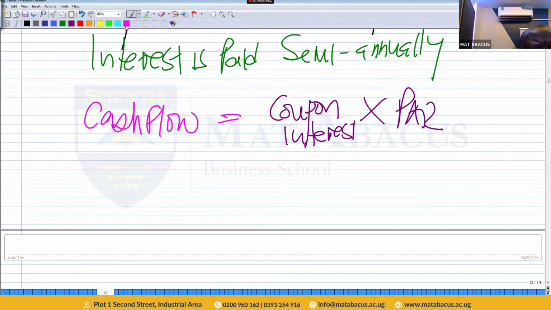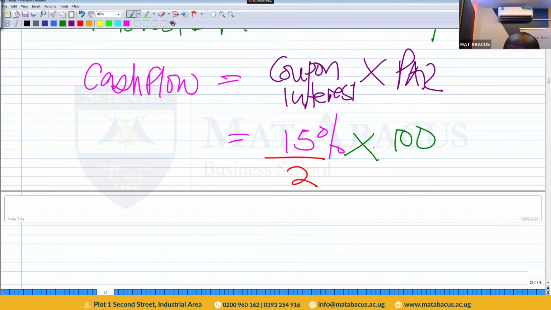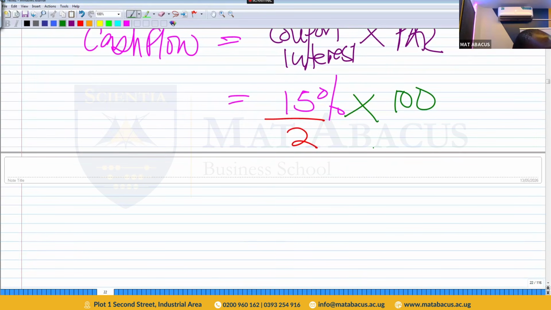The coupon rate is 15% per annum. You divide it by 2 to convert it into semi-annual, then you multiply by 100, the par value.